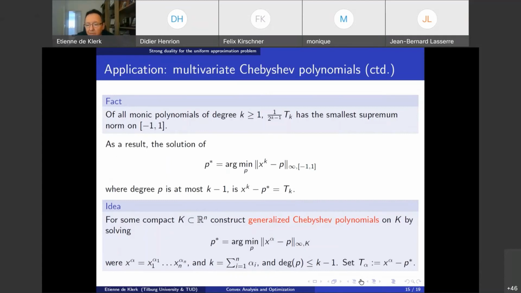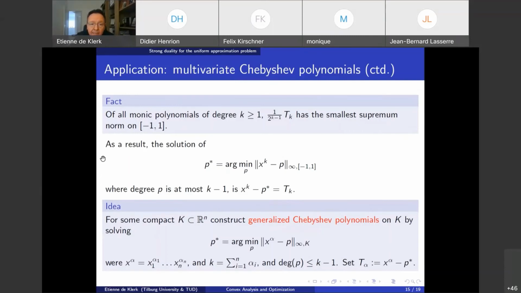Then we can define a generalized Chebyshev polynomial as whatever the answer is, x^alpha minus this optimal p, which we call p star, and this is our generalization to the multivariate setting on this compact set K in R^n.